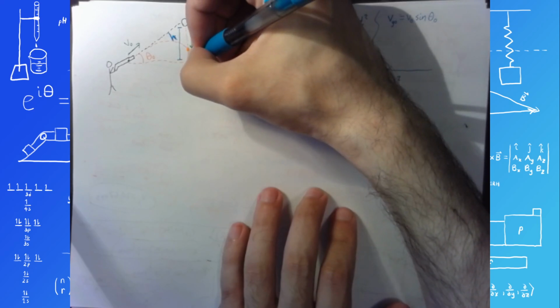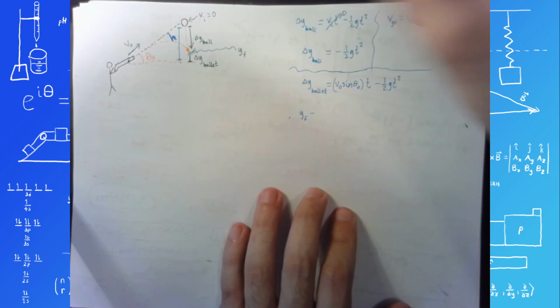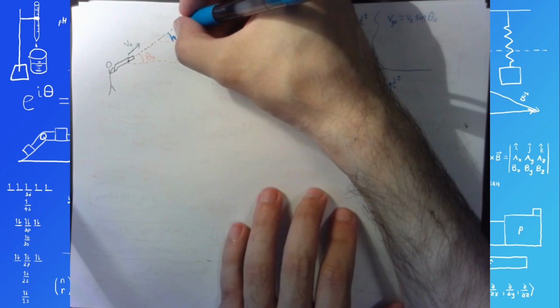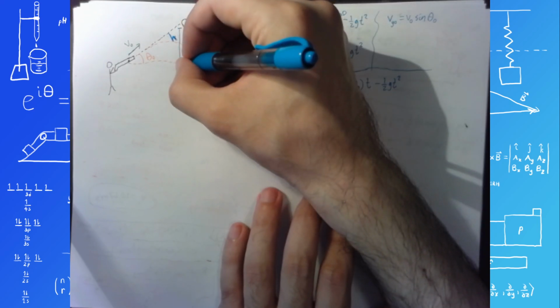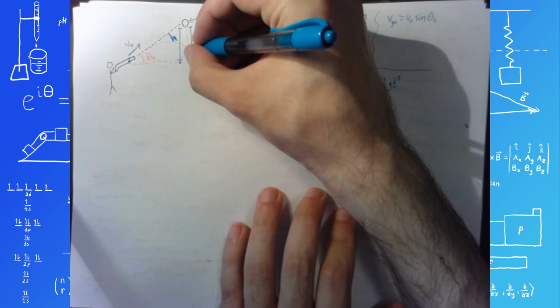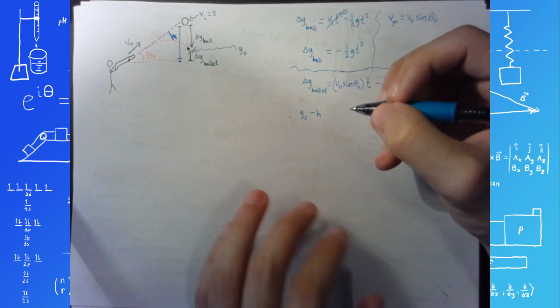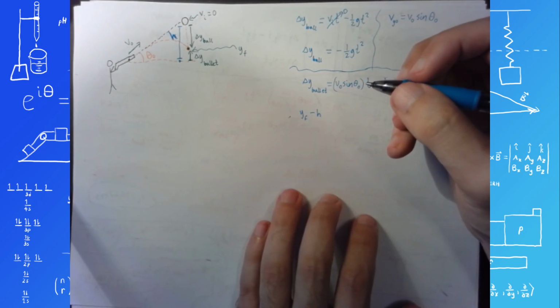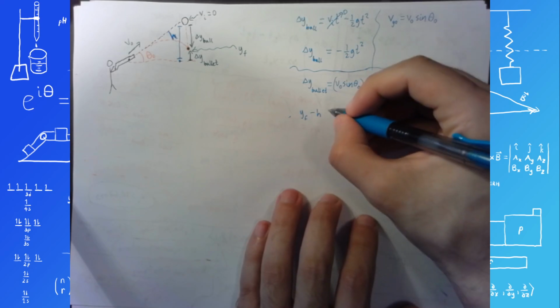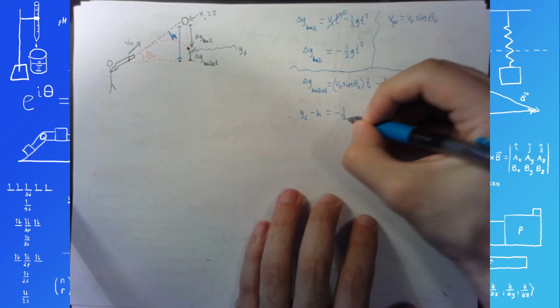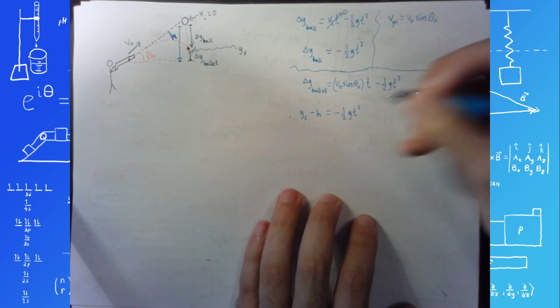Actually, it's not even H final, it's just going to be H at the bottom. I'm going to call that 0. So we have an H all the way up here. Over here we have a height of 0, and then over here we have y final. So y final minus, I'll just call it H, for delta y ball is equal to negative 1/2 g t squared.